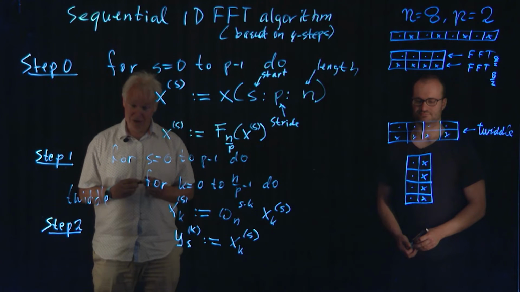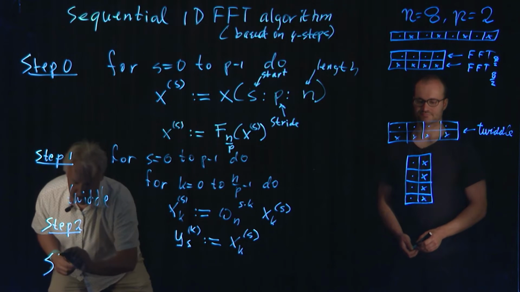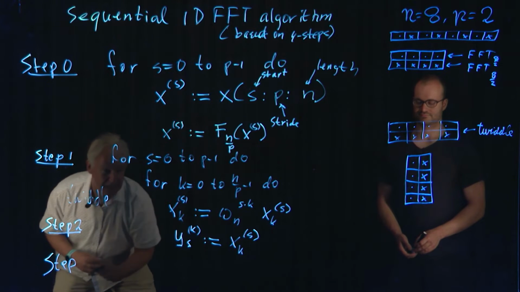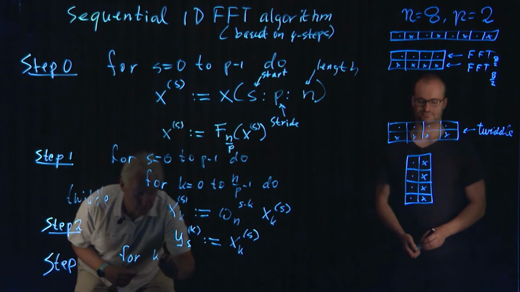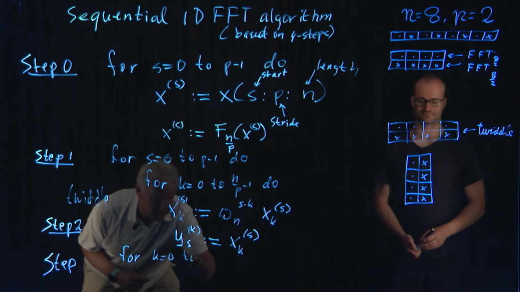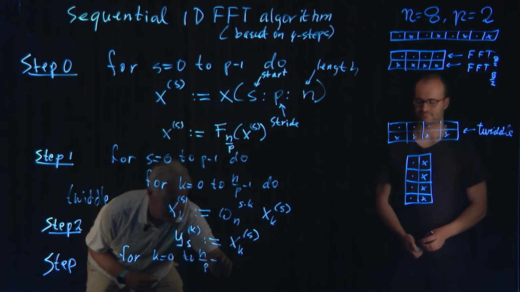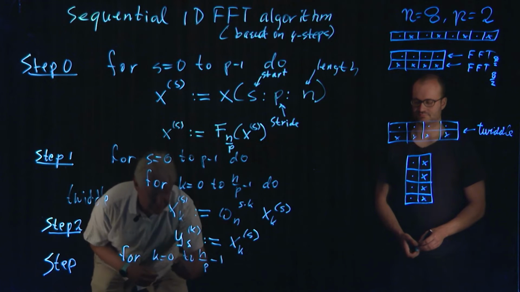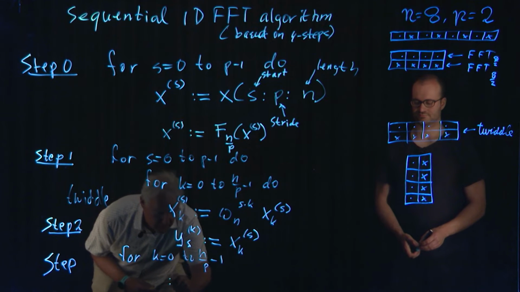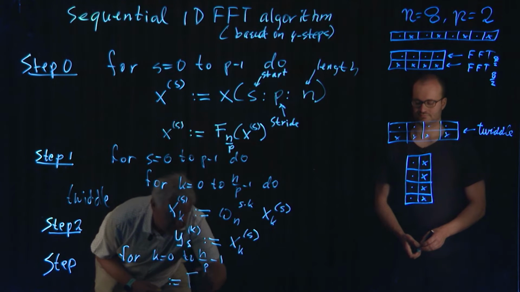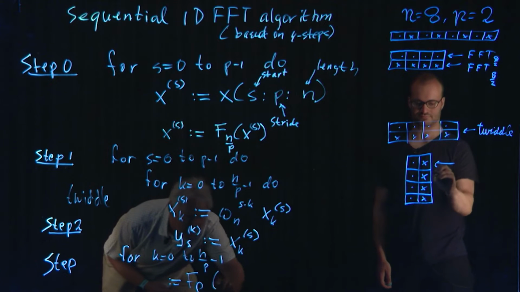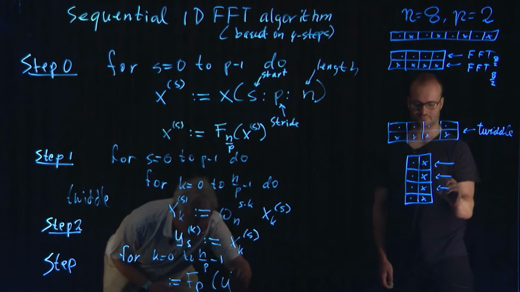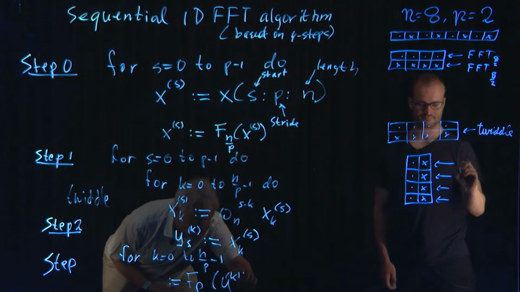Now, to finish off, we do step 3, the last step. And that is a loop, k equals 0 to n over p minus 1. And we perform a Fourier transform of length p on yk that we have here.